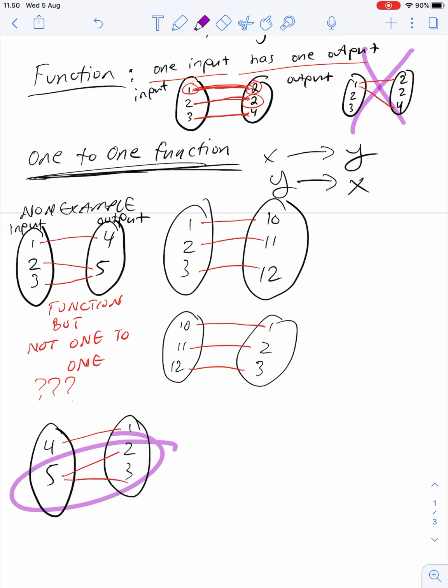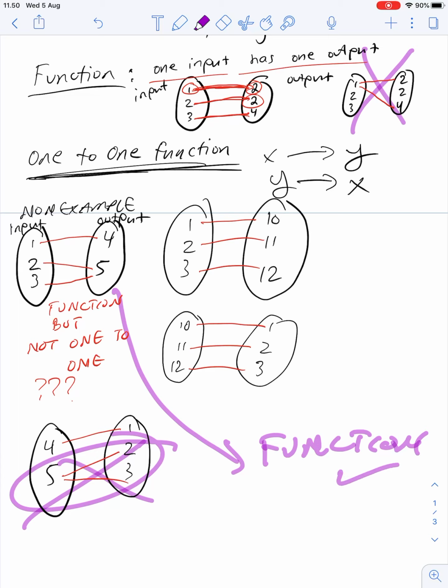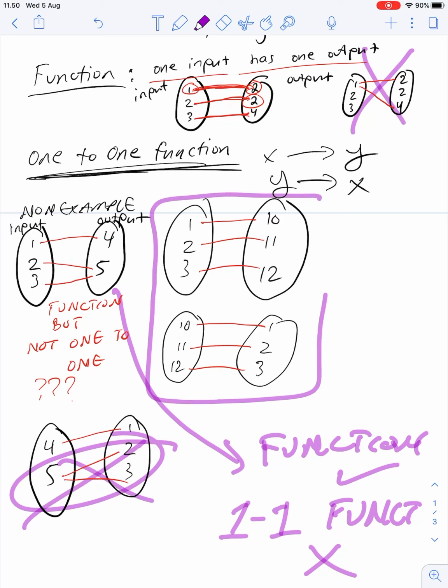This right here we can't have. That does not work. Function, yes. But one-to-one function? No. This right here is an example of a one-to-one function.